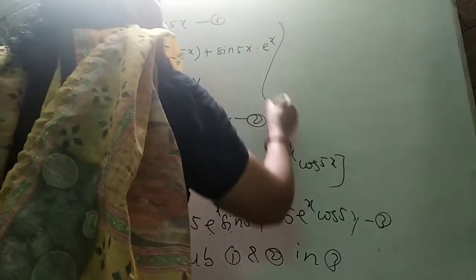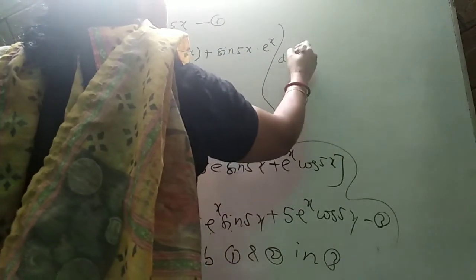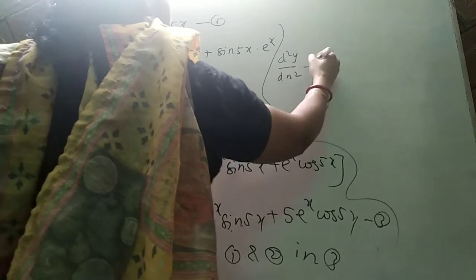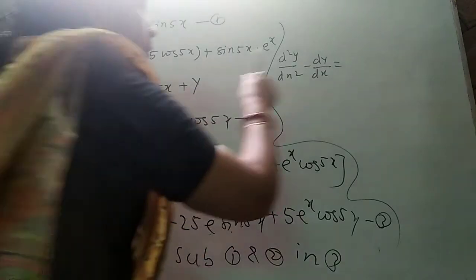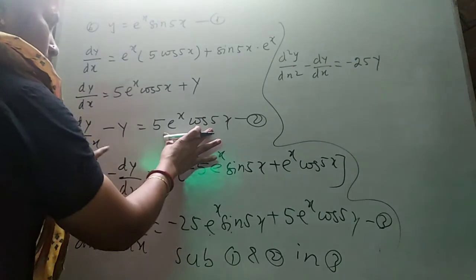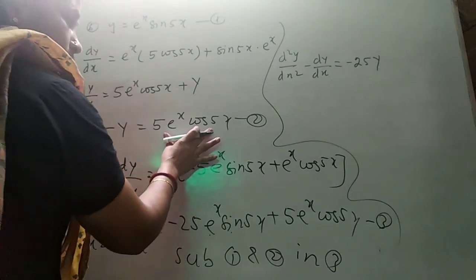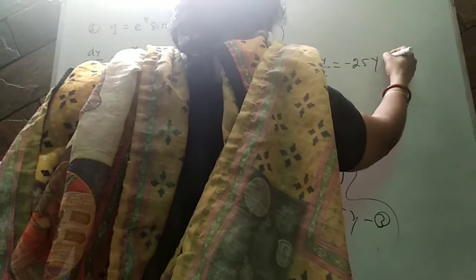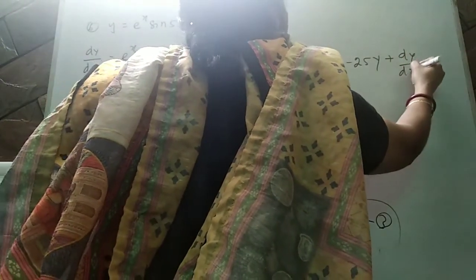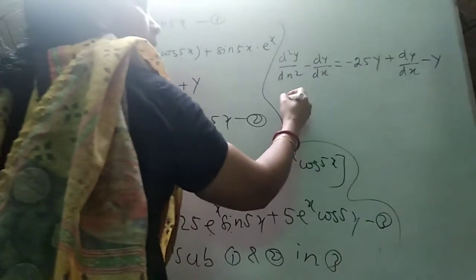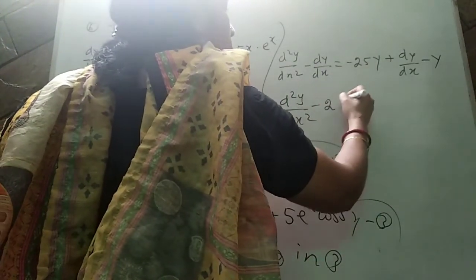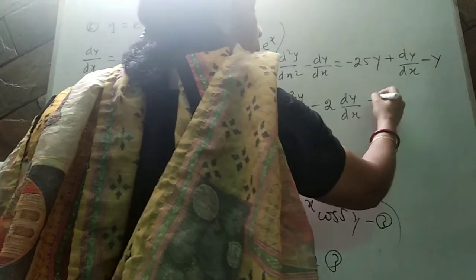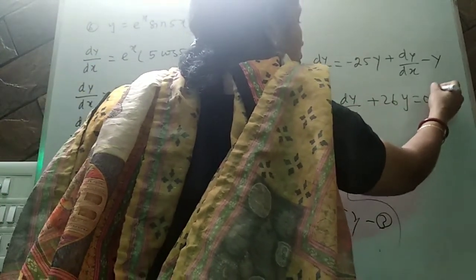If I substitute here, what will I get as the final answer? d square y by dx square minus dy by dx is equal to minus 25y, and instead of this term we can write dy by dx minus y. So the final answer: d square y by dx square minus twice of dy by dx plus 26y equal to 0.